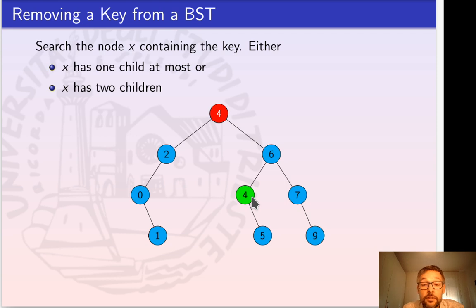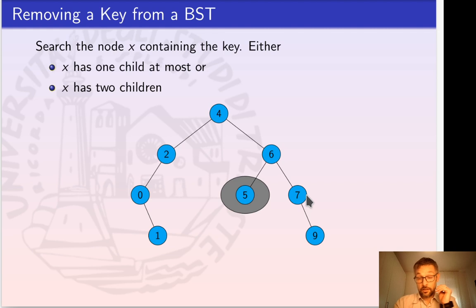And since it has at most 1 child, it is easy to remove, because we saw before how to remove nodes having at most 1 child. It can be done simply by taking, in this specific case, the right child and replacing it. So this can be done this way.